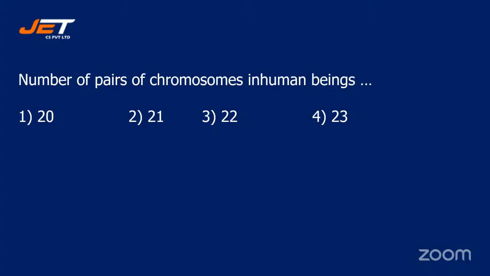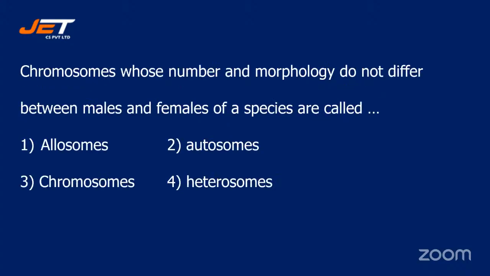This is again a very important question, students. How many pairs of chromosomes are there in human beings? Hurry up. Okay, the right answer for this question is option number 4, 23. Those who have selected 23, you all are correct, students. Next one.